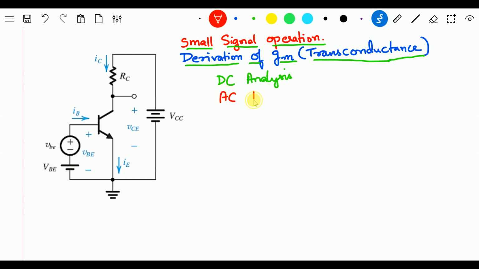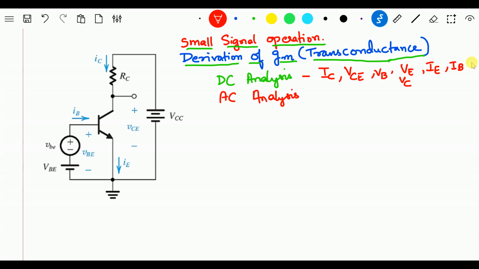When I go with DC analysis, I am worried with finding the values of VC, IC, then VCE, your VB, your VE, and you'll also have other currents like IE and IB.